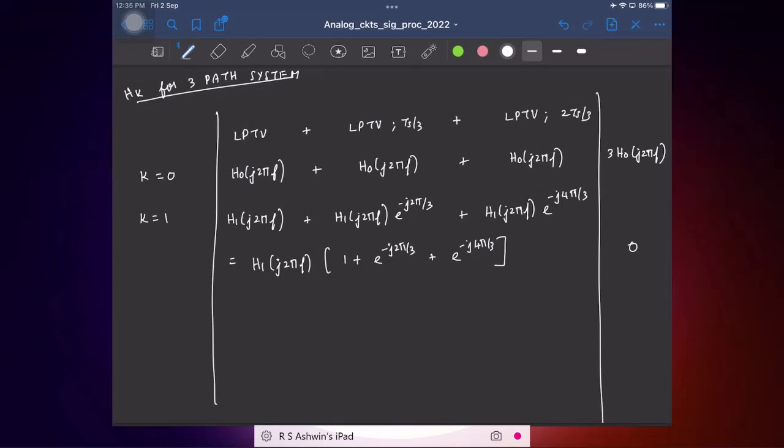So for k equal to 2, this will be h2 of j2 pi f.